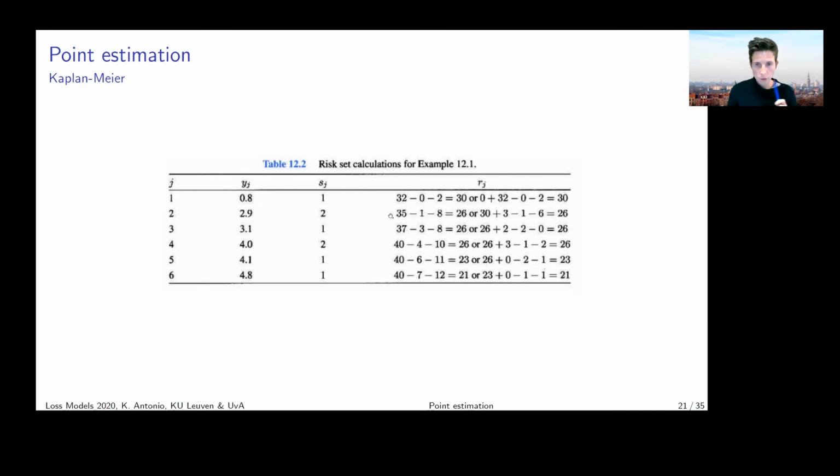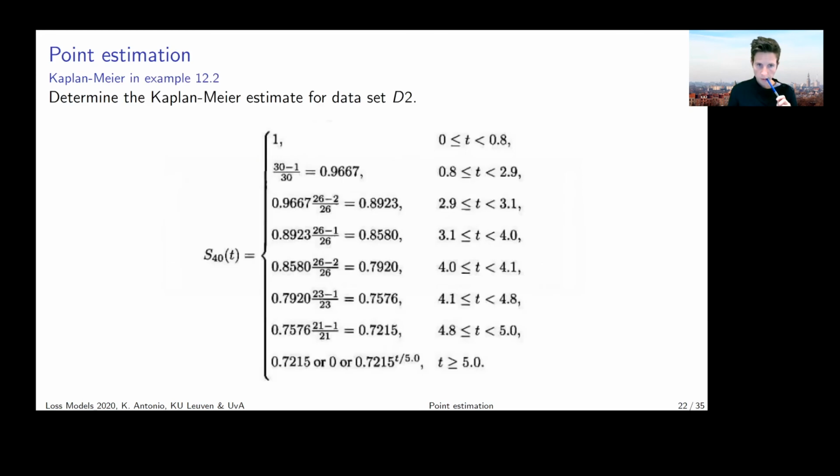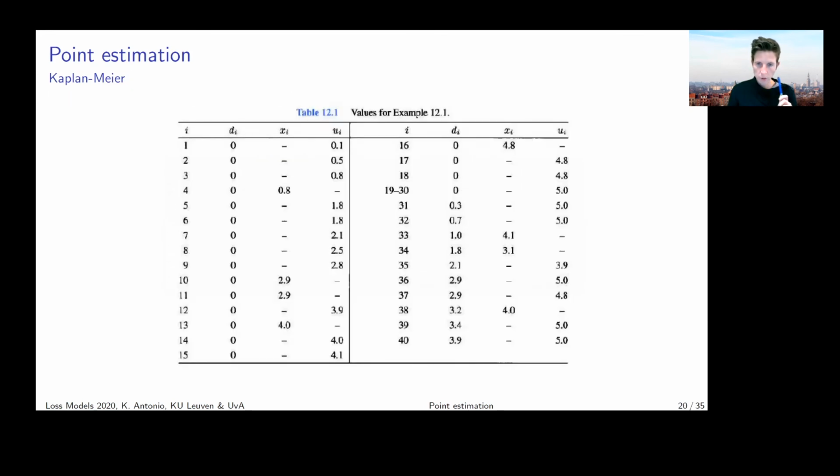So we're going to include all the observations for which X or U is larger than or equal to 0.8. And we're going to subtract the observations for which the D is strictly smaller than 0.8. Smaller than or equal to, I should say.